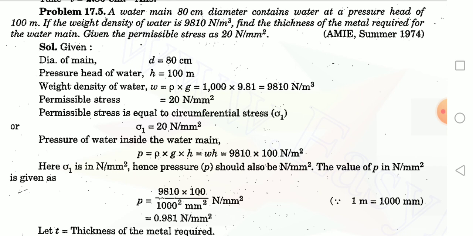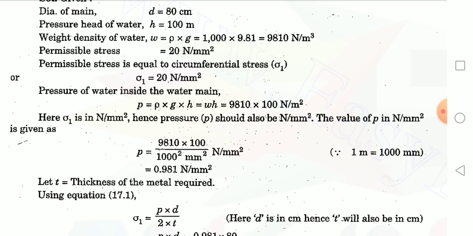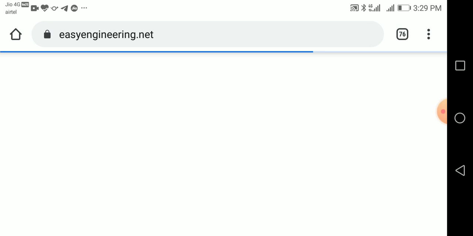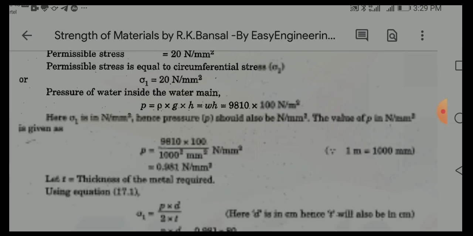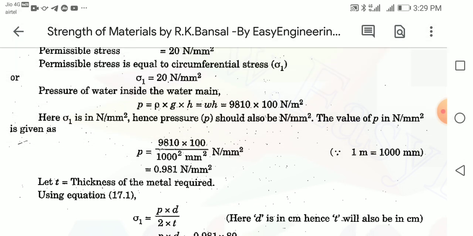So we can get the pressure initially in Newton per meter square, then we want to convert it into millimeter squared. So 1 meter equal to 1000 mm, therefore meter square to millimeter squared is 1000 squared. So that is P equal to 0.981 Newton per millimeter squared.